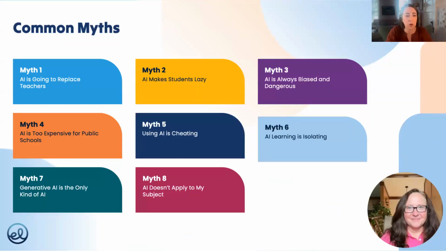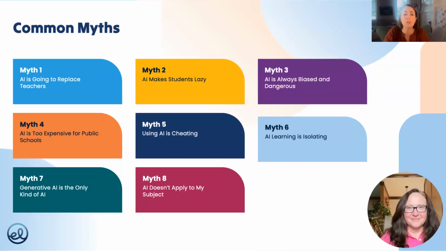While it can grade our quizzes or generate lesson plans, it can't build our relationships. It can't pick up on a student's mood, at least not yet. It can't foster creativity. It does not have that relational element, which is what makes school fun, which is what helps kids to be connected.